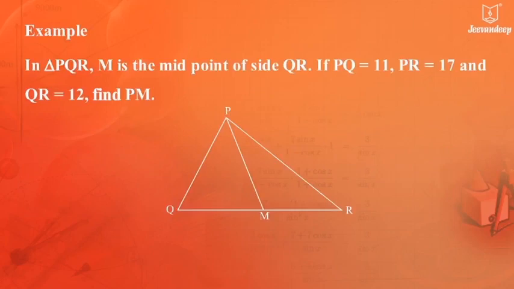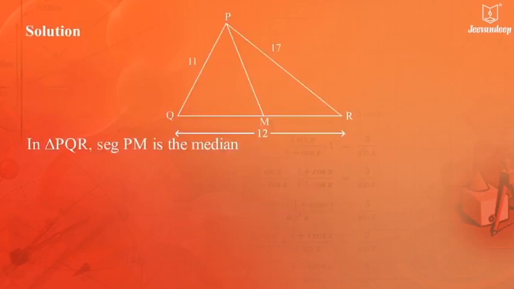Example. In triangle PQR, M is the midpoint of side QR. If PQ equals 11, PR equals 17, and QR equals 12, find PM. In triangle PQR, segment PM is the median.